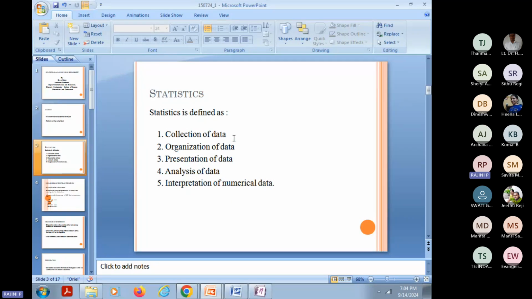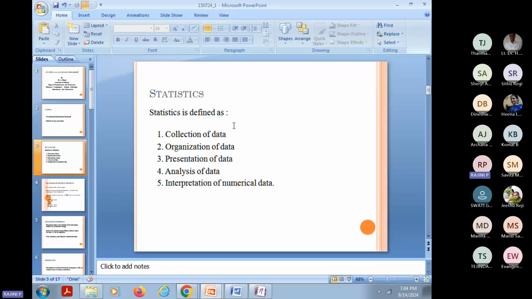Collection of data is nothing but, before going for any analysis or any survey, we require some data. Without data, we cannot prove anything, right? So how we get the data is more important. You may get the data through a primary source or a secondary source. What is the meaning of the primary source?